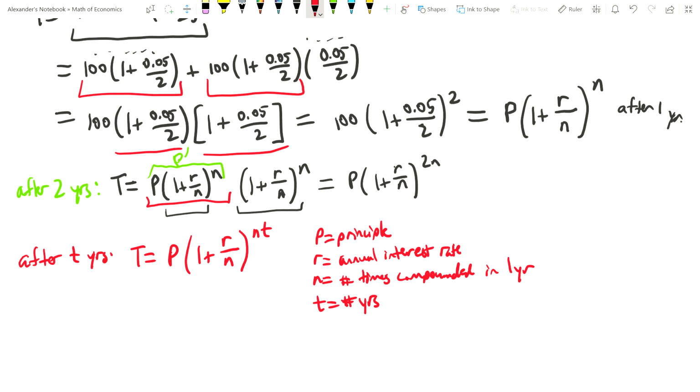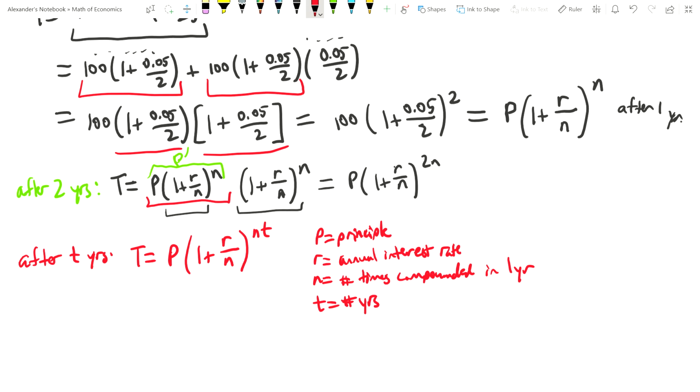So why is it advantageous to have interest compounded? Well, the reason is, as you've seen here, let's say your principal is compounded semi-annually, so twice in 1 year. So after the first 6 months, you're going to get half the annual interest rate applied to that, which is going to give you a slightly bigger number than you started out with.